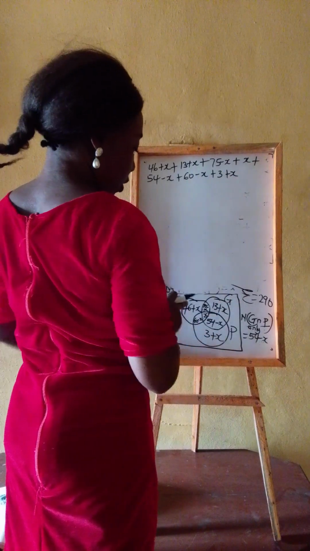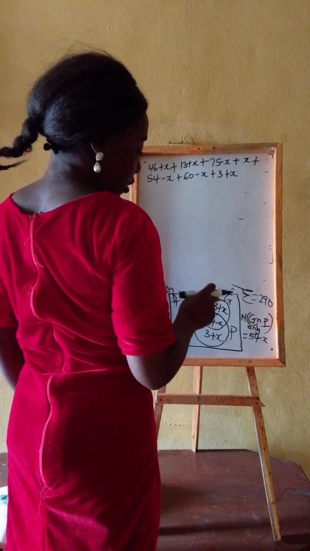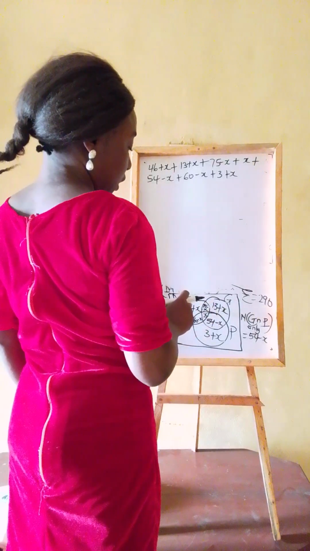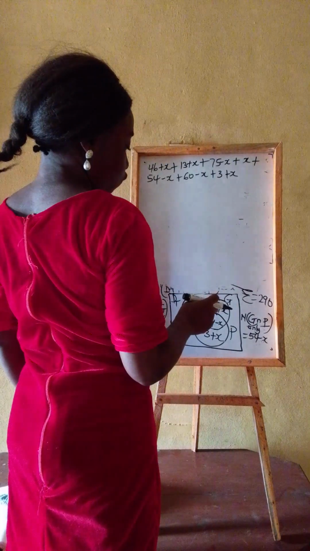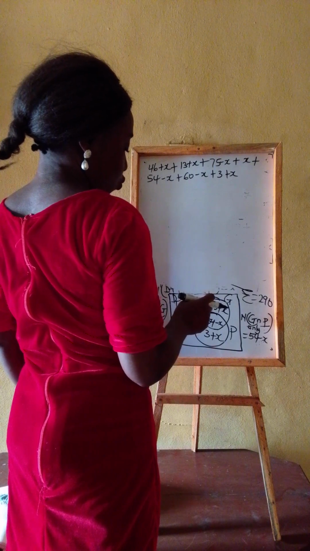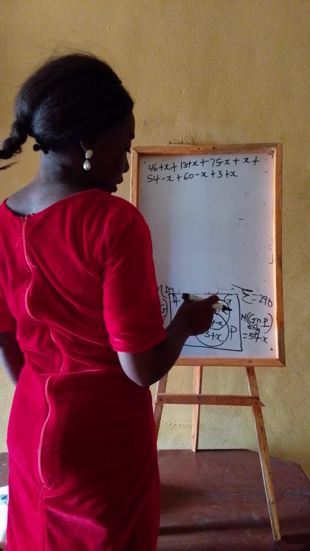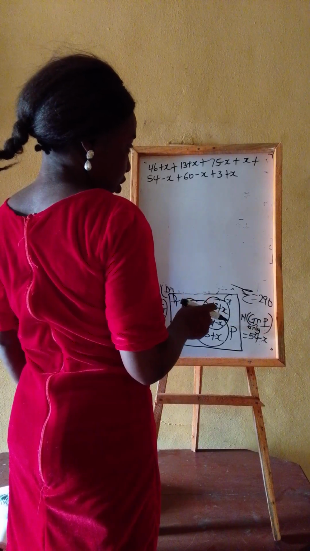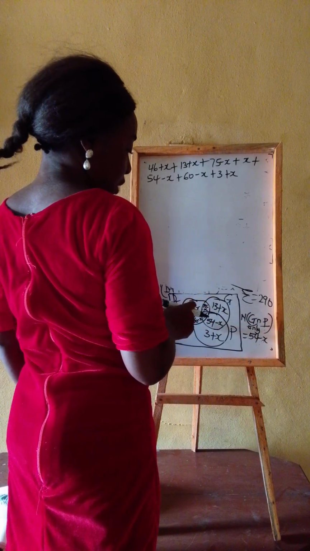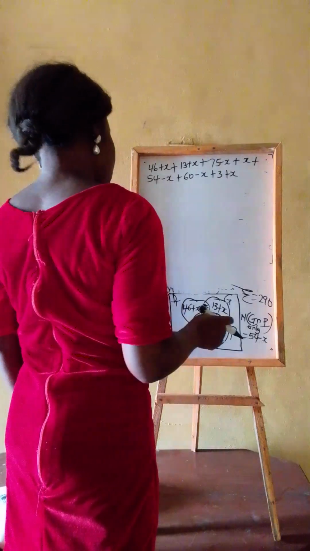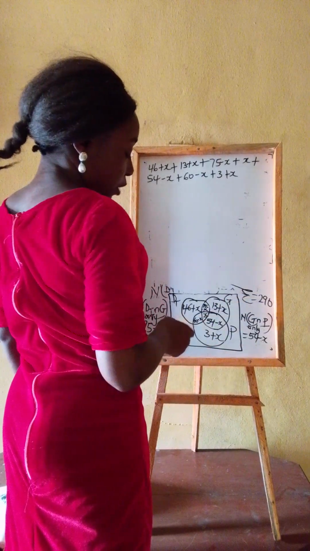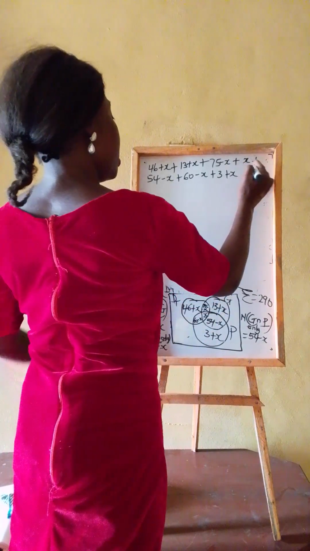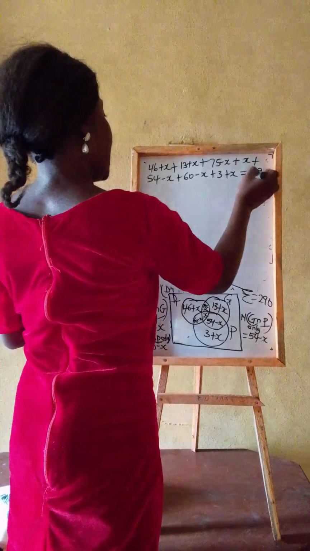You make sure you count them: 1, 2, 3, 4... 13 plus x, 75 minus x plus x, 54 minus x, 60 minus x plus 3 plus x. We don't have neither. If there is neither, it will be outside the box. So you equate it to 290.